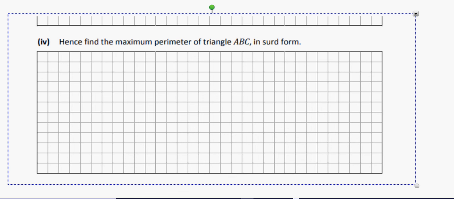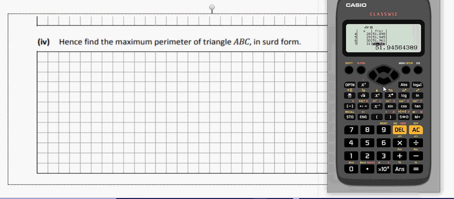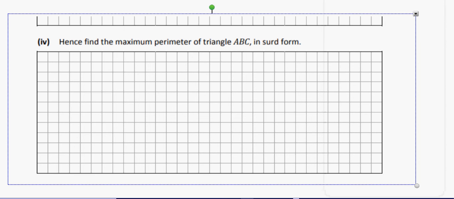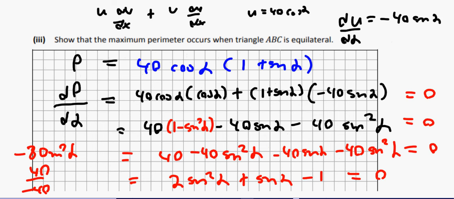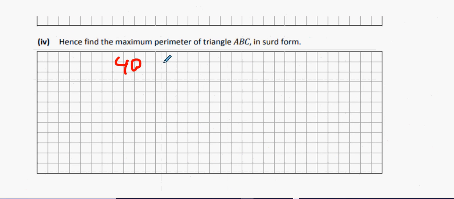Hence, find the maximum perimeter of the triangle in surd form. Oof. That's my answer there, 51.961, but we obviously want to use the equation. So we're using this equation here: 40 cos alpha into 1 plus sine alpha. And we know that alpha is 30 degrees.